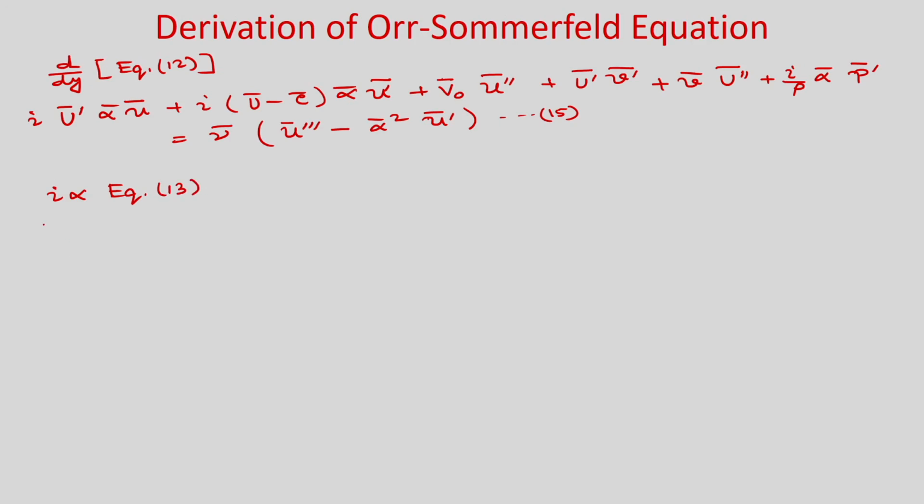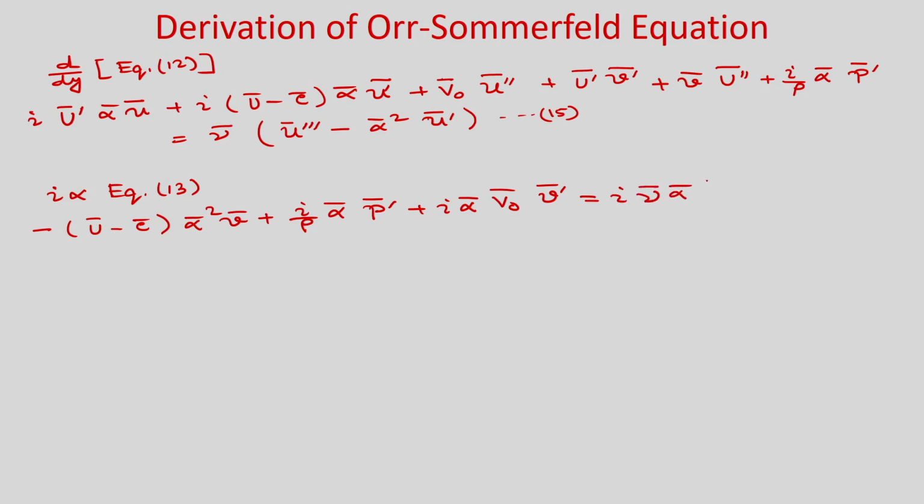And if we make this operation i alpha into equation 13, okay, then we will get minus i square, we are writing minus. So, u bar minus c bar alpha bar square v bar plus i by rho alpha bar p prime bar plus i alpha bar v naught bar v prime bar is equal to i nu bar alpha bar v double prime bar minus alpha bar square v bar, and this is equation 16.